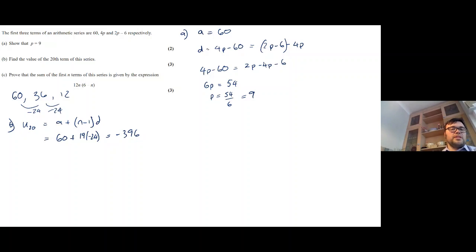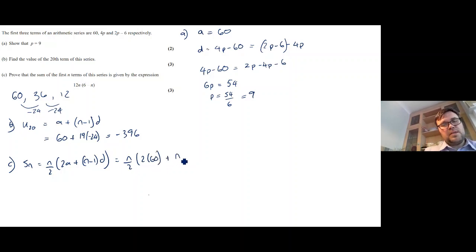And then it says, prove that the sum of the first n terms of this series is given by the expression. So again, it's part c, using Sn equals n over 2 times 2a plus n minus 1 d. This is going to be equal to n over 2 times 60 plus n minus 1 times minus 24 in brackets, because then I don't want to mess that bit up.